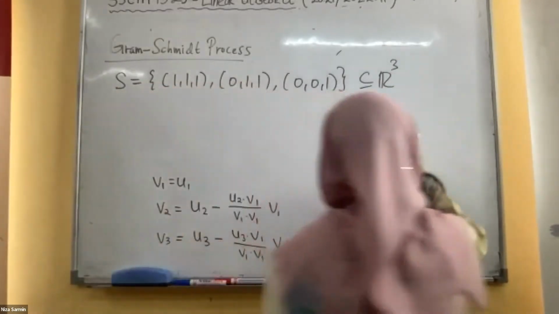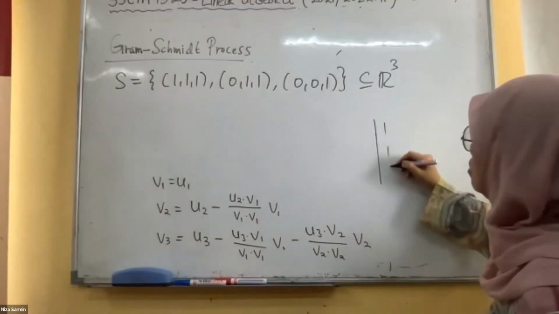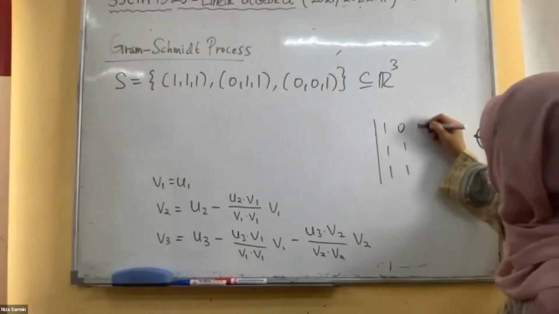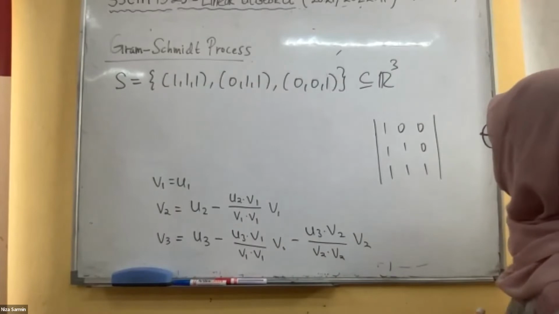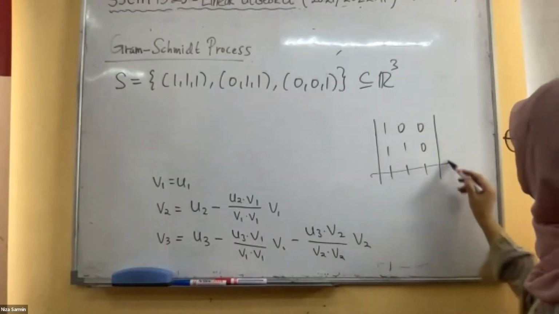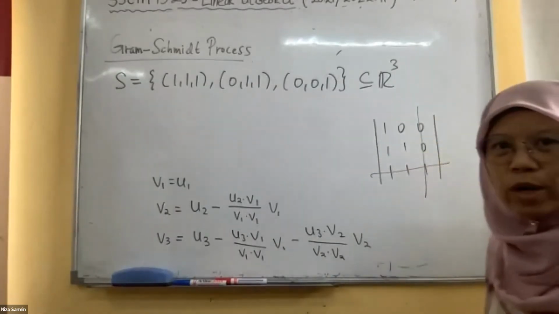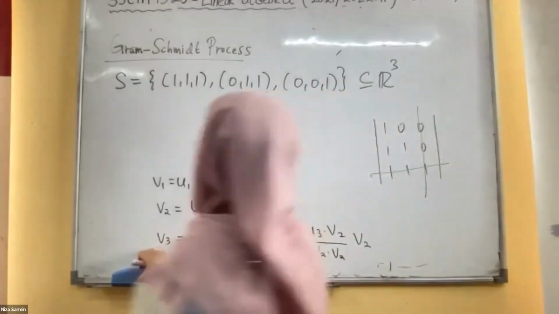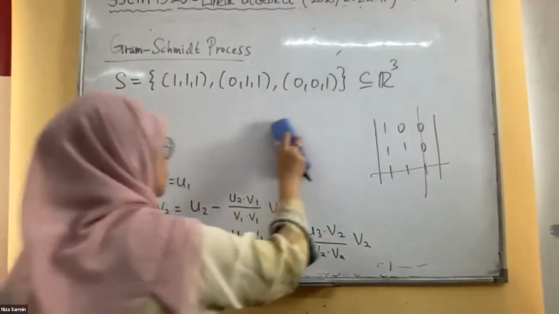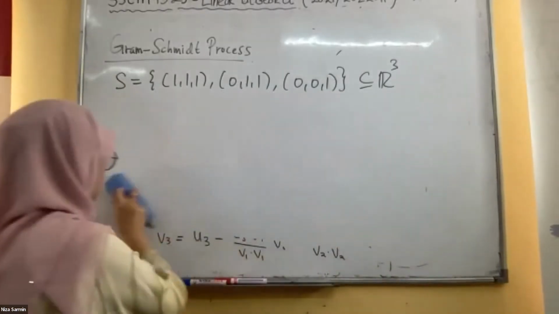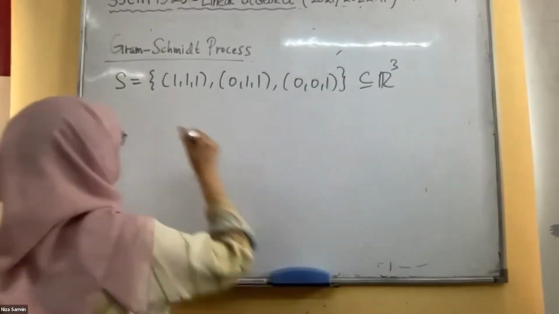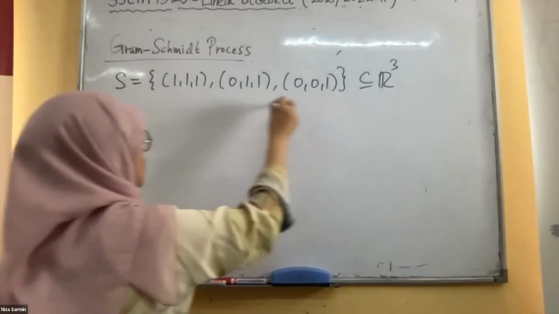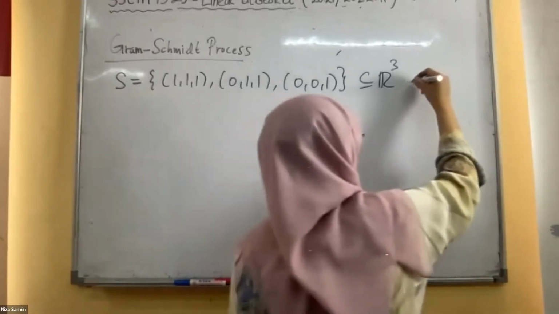If you see this determinant, the determinant is 1. Okay, so this is a basis of R3. So let S be this basis.